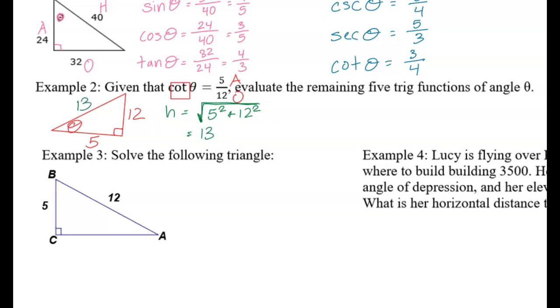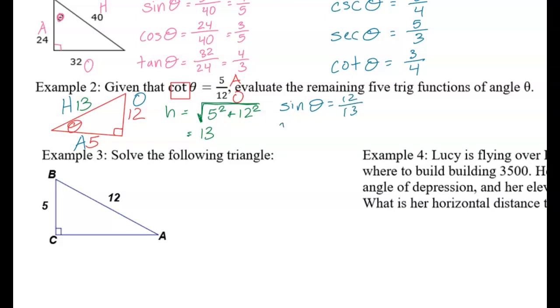So then I'm just going to label these sides so that it's easy to write the rest of the functions. We have 5 is our A, 12 is our O, and 13 is our H. So if I'm trying to find sine of theta, sine is O over H, what do I end up with? Yes.